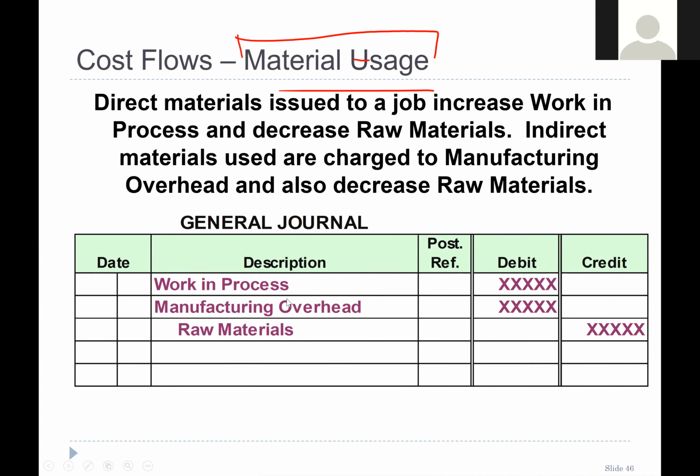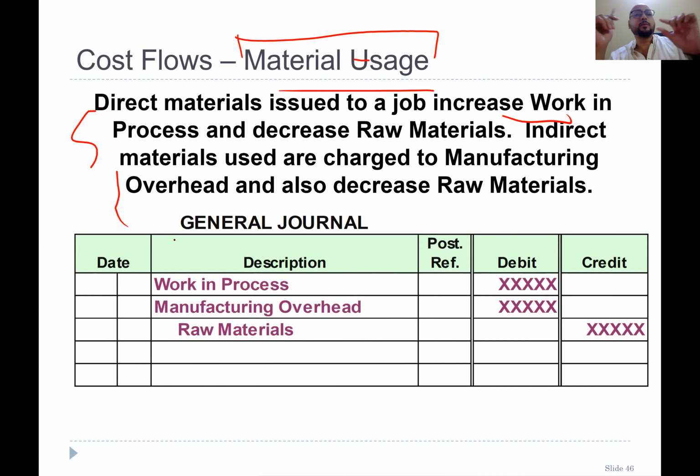Right? So the entry would be direct material issued to job or as work in progress. Sorry, this is just the explanation of the entry. So the entry would be that material is issued from raw material to the factory to make work in progress, and indirect materials to manufacturing overhead are also issued from raw material.